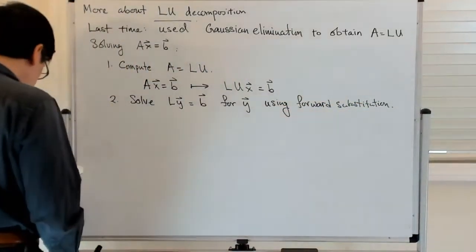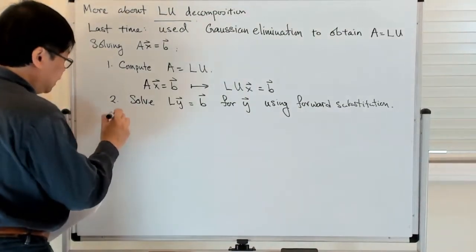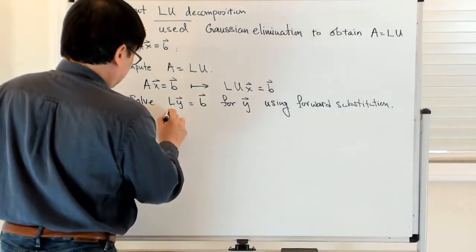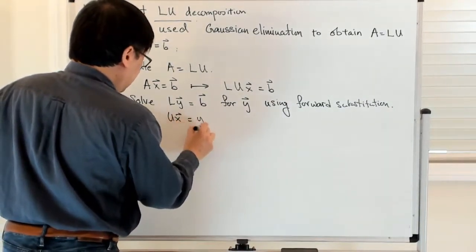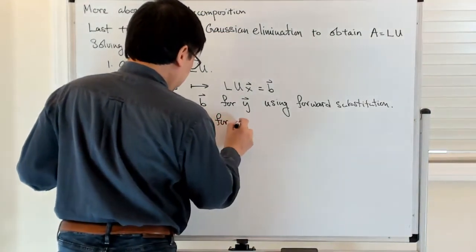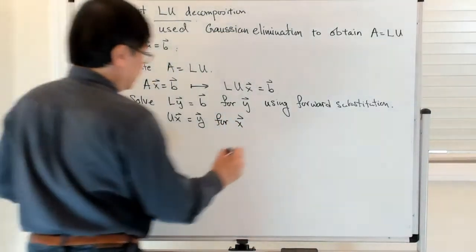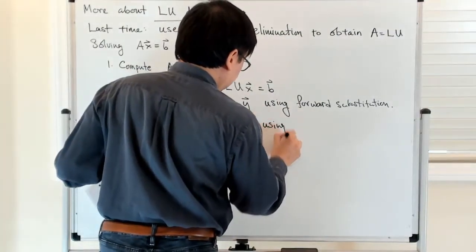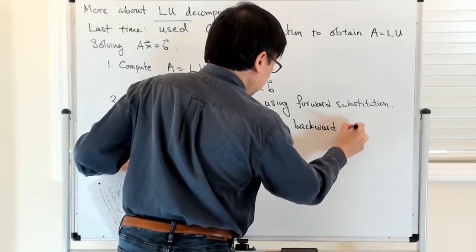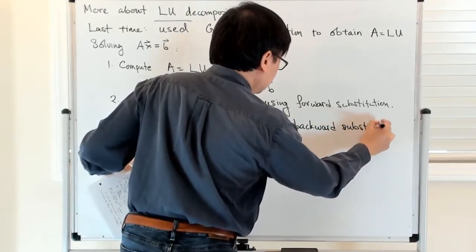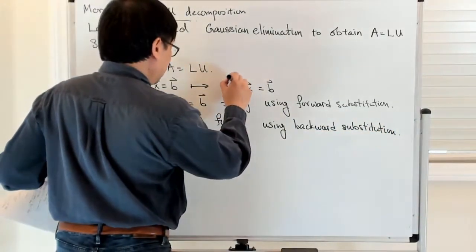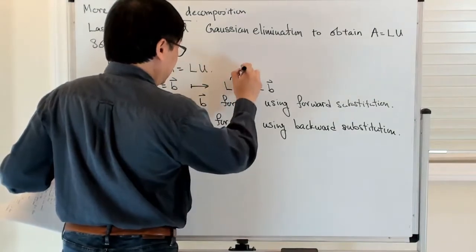Okay, and then once I've done that, I can solve Ux = y for x, and I can do this using backward substitution. So essentially I'm thinking of this Ux as y.